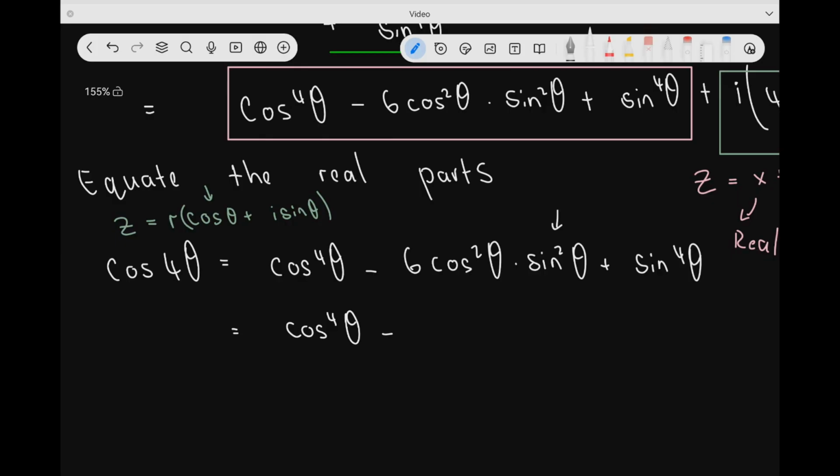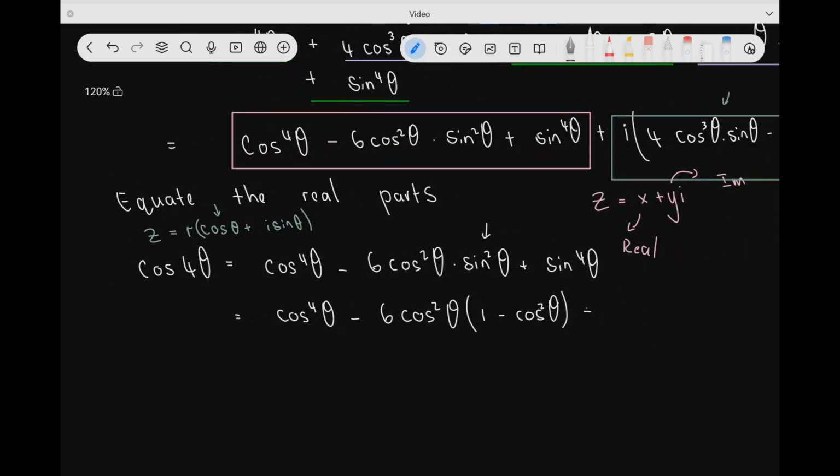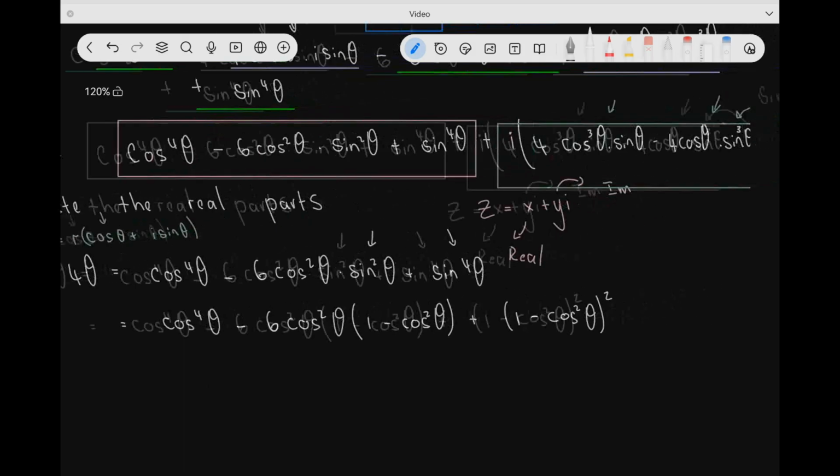So in this case, I will apply the Pythagorean theorem identity to 1 minus cosine squared theta. And then here I can apply the Pythagorean identity too. I could say, well, this is going to be 1 minus cosine squared theta, squared. How do I know this?